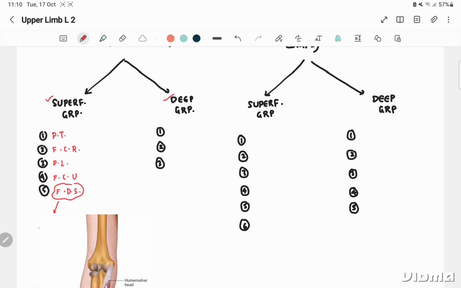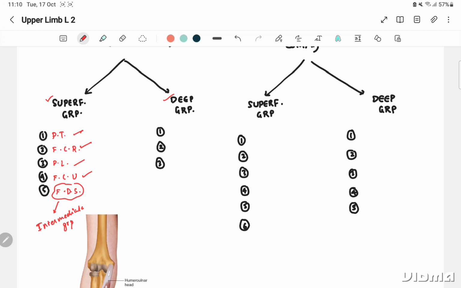Sometimes this muscle is put in the intermediate group, but we put it in the superficial group only. Pronator teres, flexor carpi radialis, then the palmaris longus, flexor carpi ulnaris, and flexor digitorum superficialis.